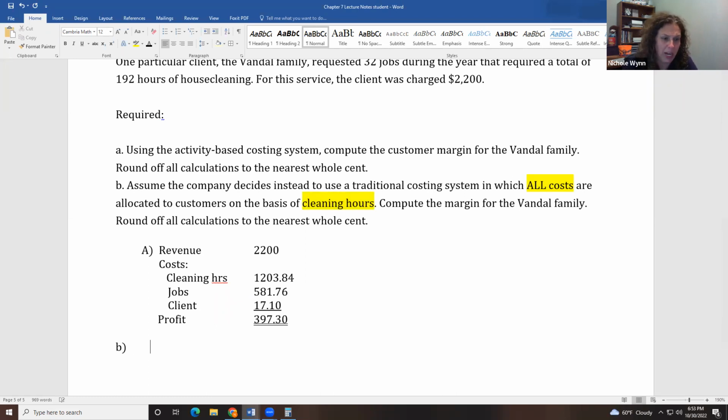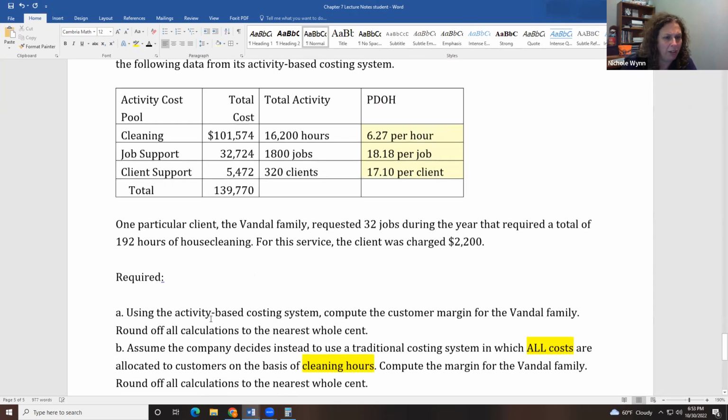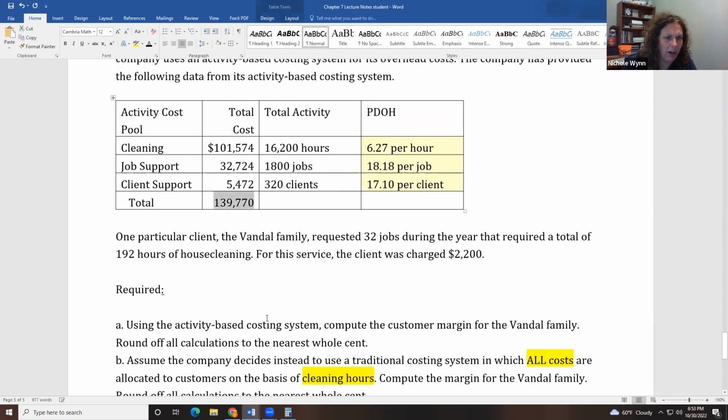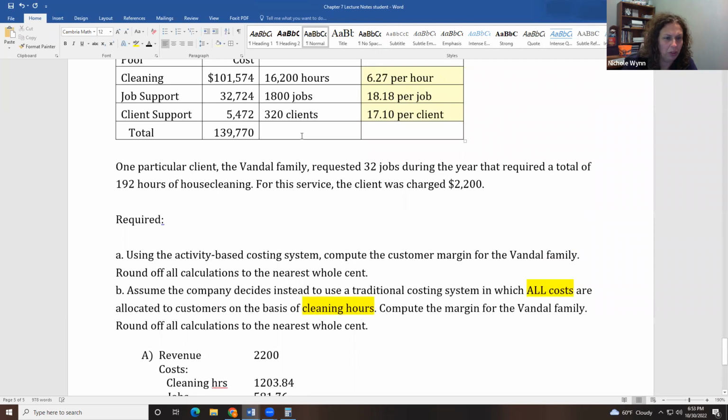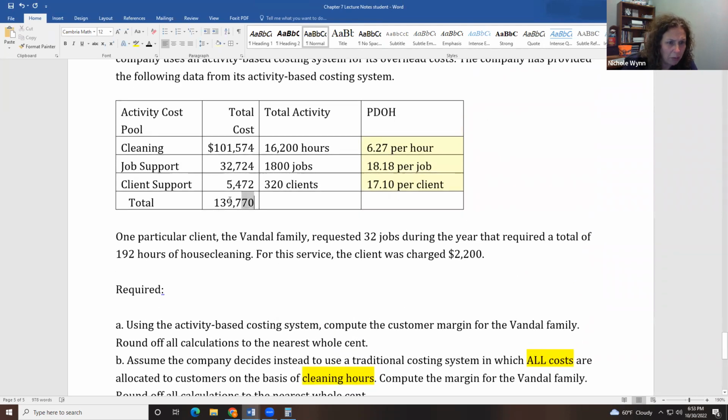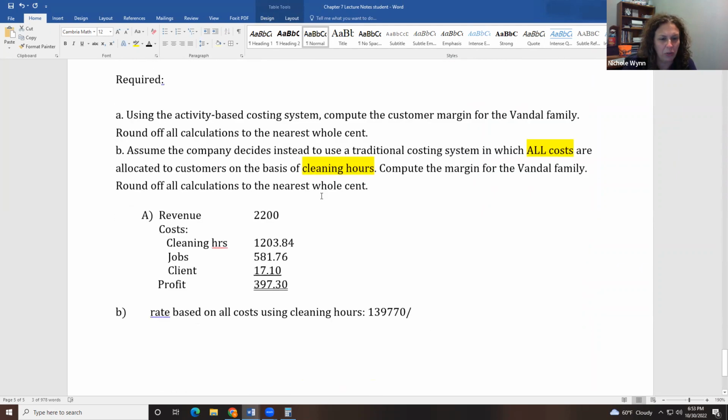We need a rate based on all costs using cleaning hours. All costs are $139,770, and cleaning hours in total are 16,200.